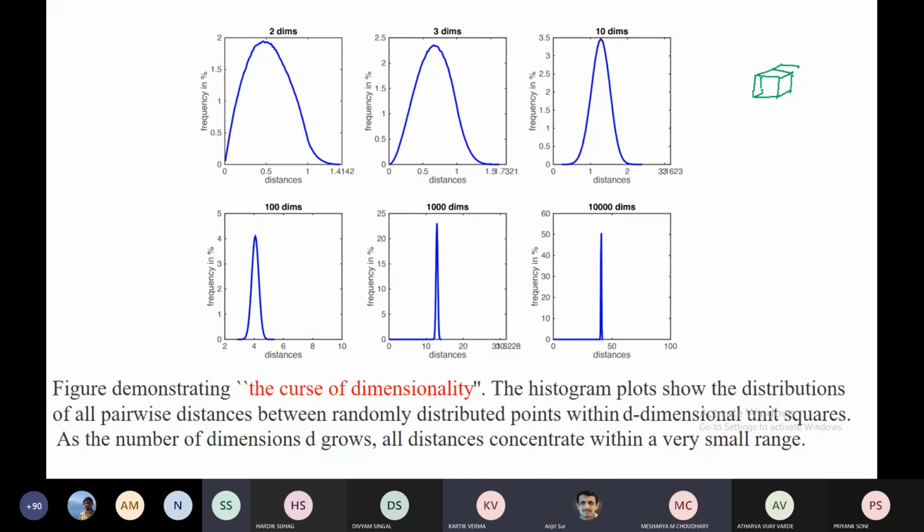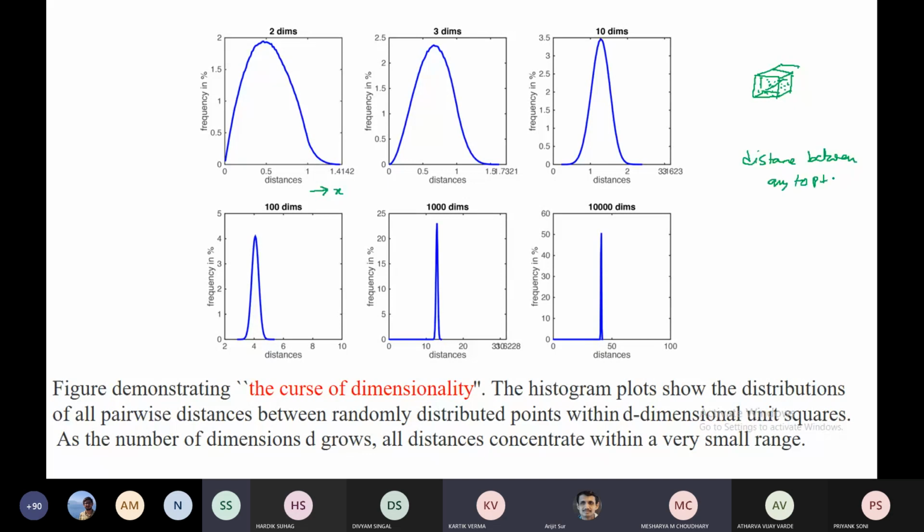Here, a number of points have been used, a lot of different points. This is the distance between any 2 points.